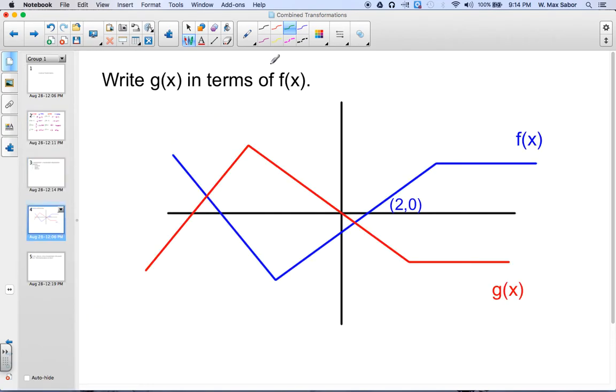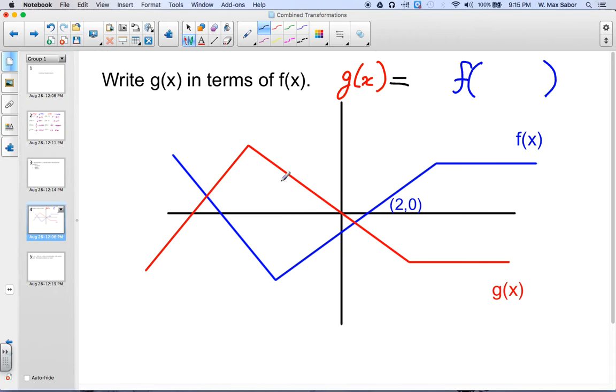So a few practice problems. Write g of x in terms of f of x. So we're going to have f of something. We might have things happening outside the function. What you should do in order to write g of x in terms of f of x is figure out how g of x is being changed to turn into f of x.